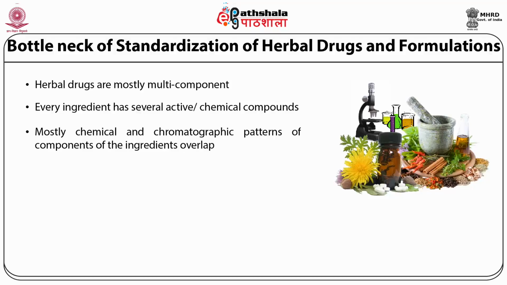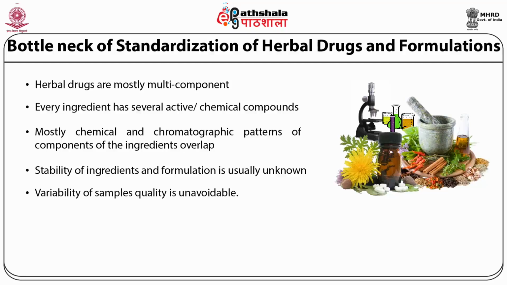The fourth one is that the stability of ingredients in the formulation is usually unknown. We don't know the stability profile of the ingredients at the start or in the finished product. Number 5, the variability of samples with respect to their quality is almost unavoidable.